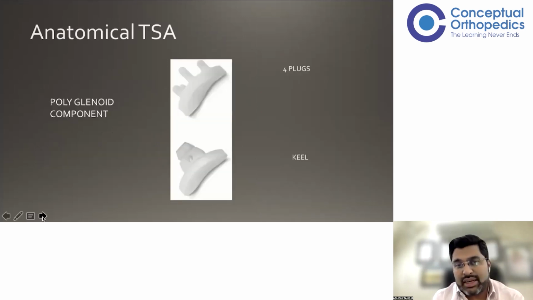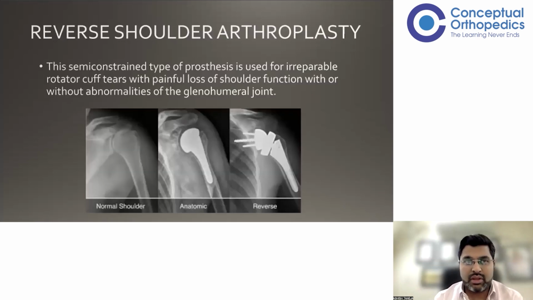As I said, it has an all-poly glenoid component. It can be of two main types. It can be like this with a 4-peg glenoid, or it can be in the form of a keel. So there are different components which have different ways of anchoring the glenoid component. Keel or peg, both are good in terms of stability.